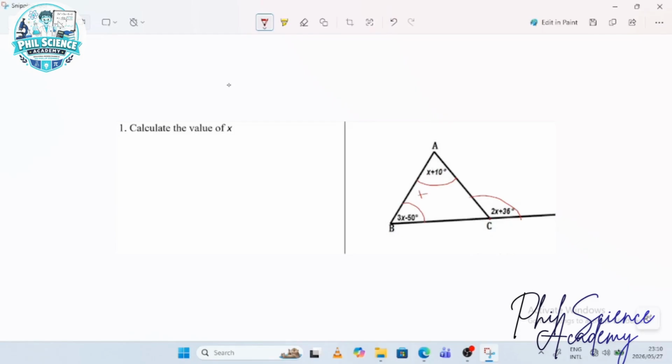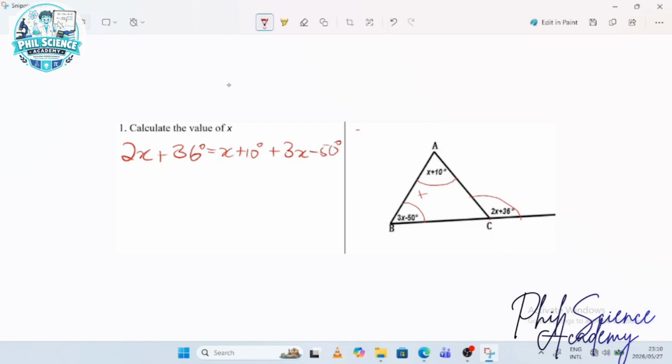So now let's go ahead and do that. We're going to say 2x plus 36 degrees is equal to x plus 10 degrees plus 3x minus 50 degrees.